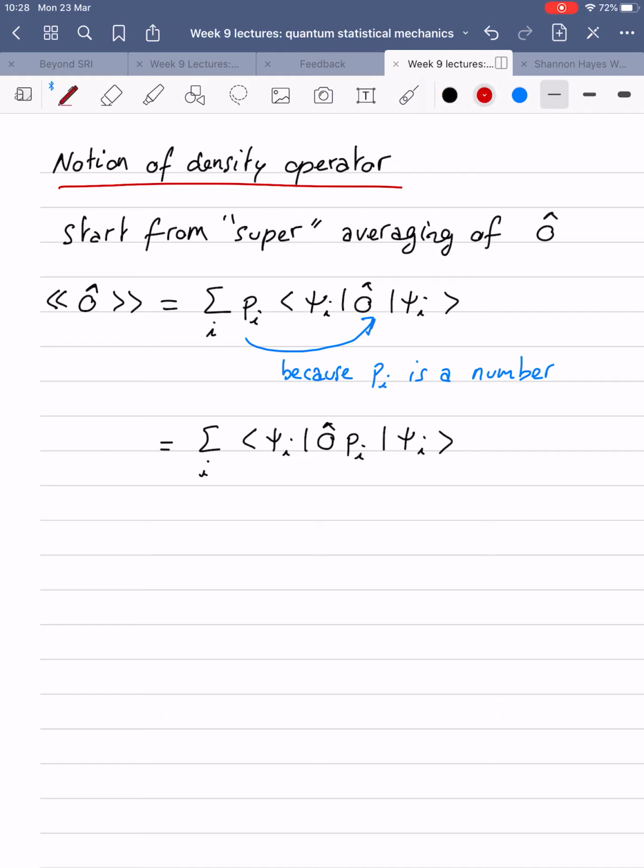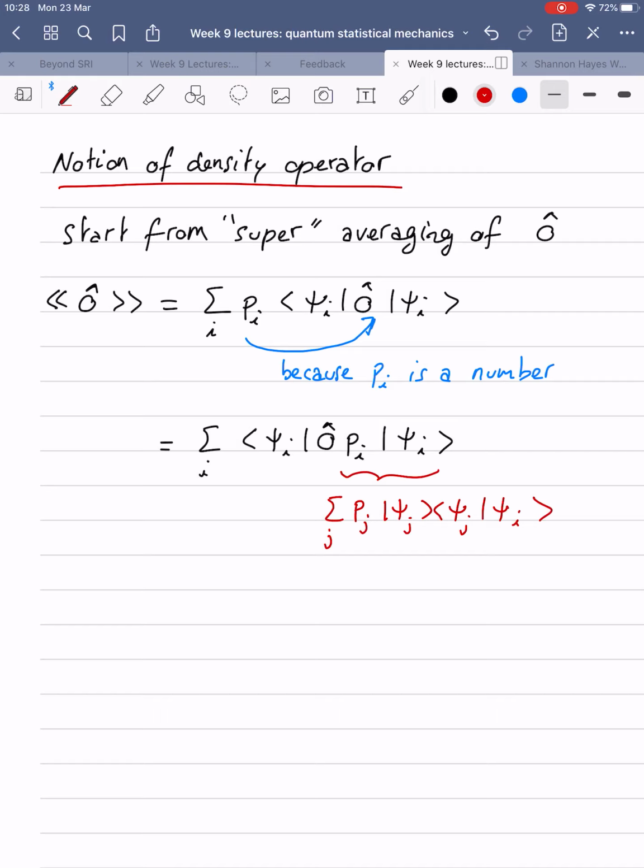Now what I'm going to do is clearly not necessarily trivial, but that's what we are going to need: realizing that this p_i |psi_i> can be written in a more complicated way as follows: sum over j, p_j, and then |psi_j><psi_j|psi_i>. Okay, so that's basically a more complicated way of writing it down, but that's equivalent mathematically.